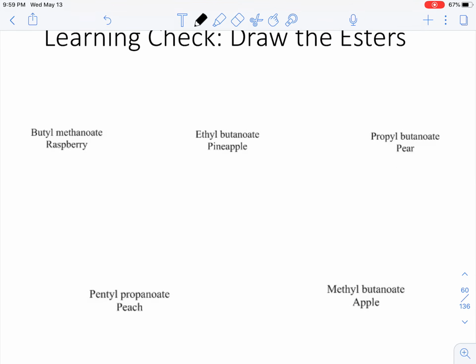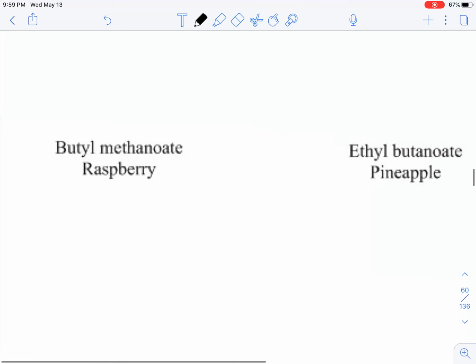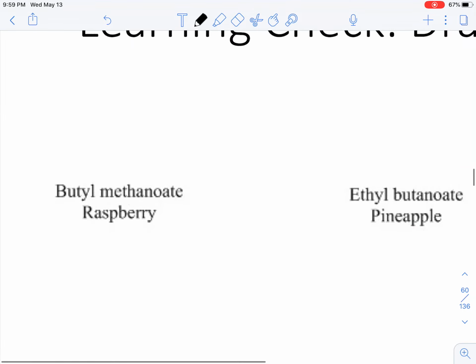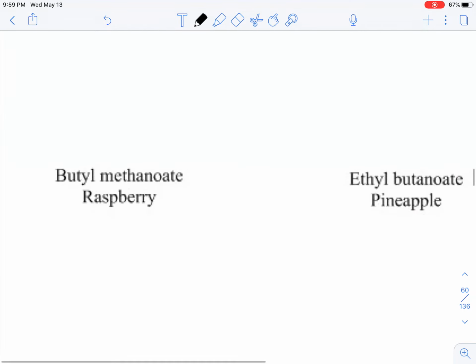So let's go ahead and try to go backwards here. Esters are typically known to be the major component of some of these sweet smelling aromatic substances that come from fruits.